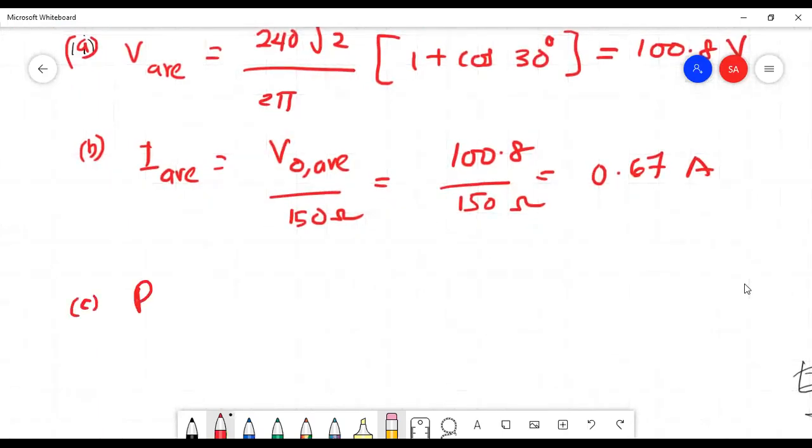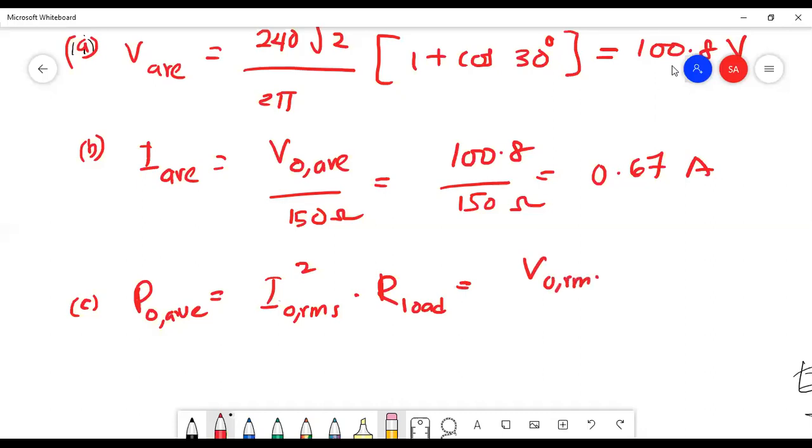And lastly, the average power absorbed by the load. P out average, you need to use the V out RMS equation, or because we already have the I out RMS, you can use this formula multiplied by R. Or you can also use V out RMS square over R load.